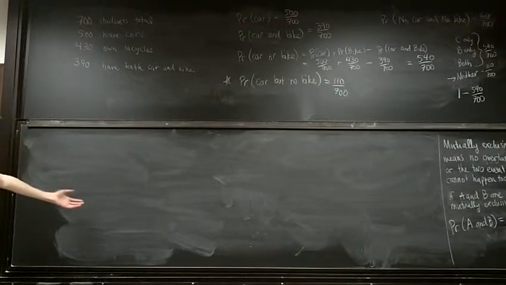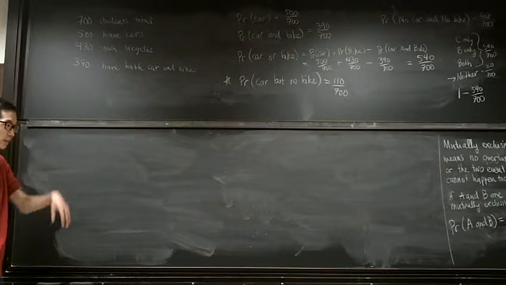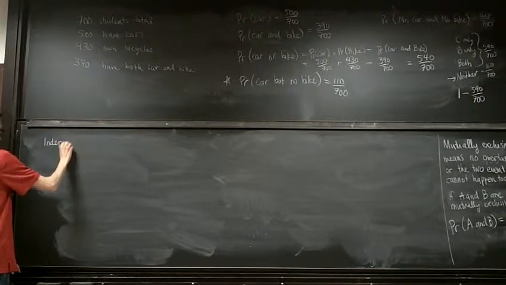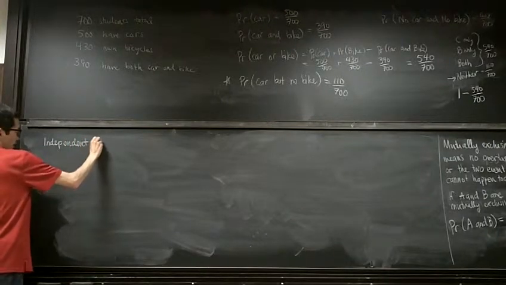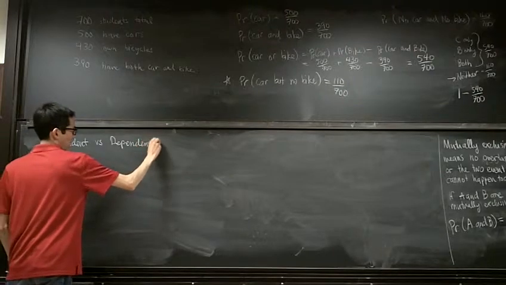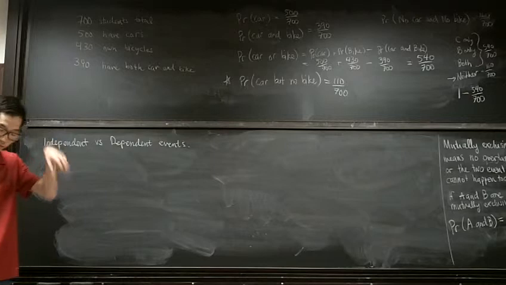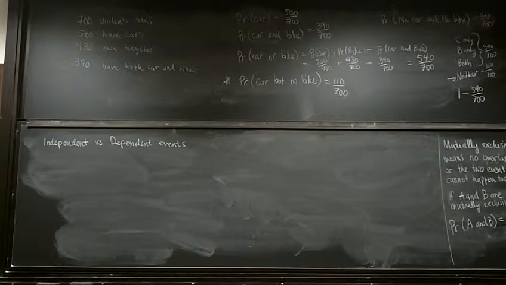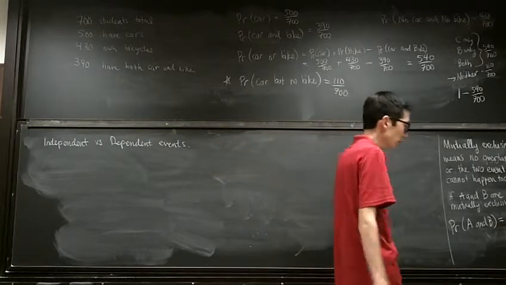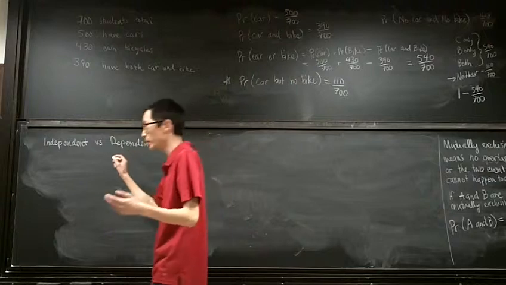Okay, let's talk about independent versus dependent events. Oh, and I erased the table I shouldn't have. Independent events, okay, we're talking about pairs of events.